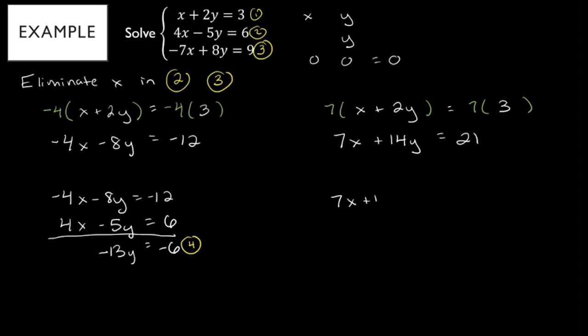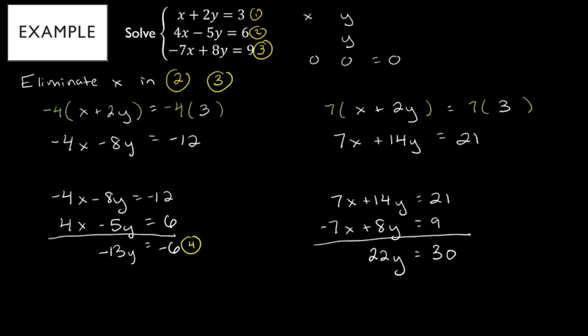And now I'm going to add that to equation 3, which is negative 7x plus 8y equals 9. The x's cancel. 14 plus 8 is 22. 21 plus 9 is 30. And this is equation 5. So I'm going to rewrite what I have, and I'm going to replace equation 2 and equation 3 with equation 4 and equation 5.